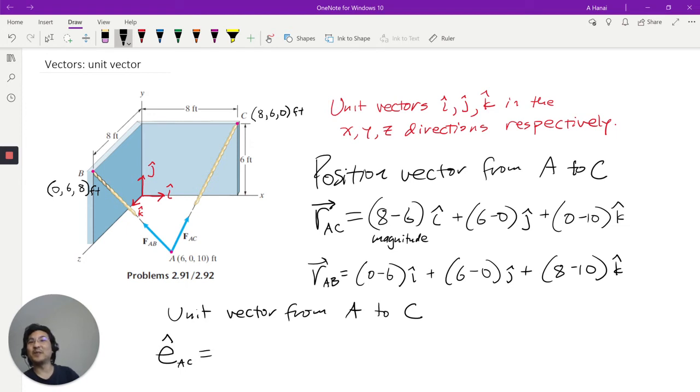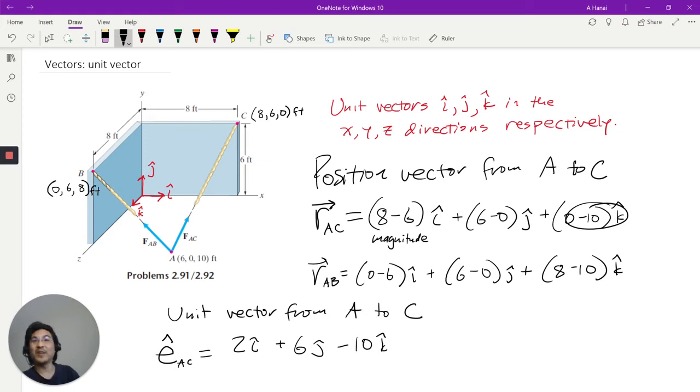To get a unit vector, we want the direction, but the magnitude to be just 1. The direction is definitely 8 minus 6, so 2, plus 6 in the y direction, plus negative 10, so minus 10.